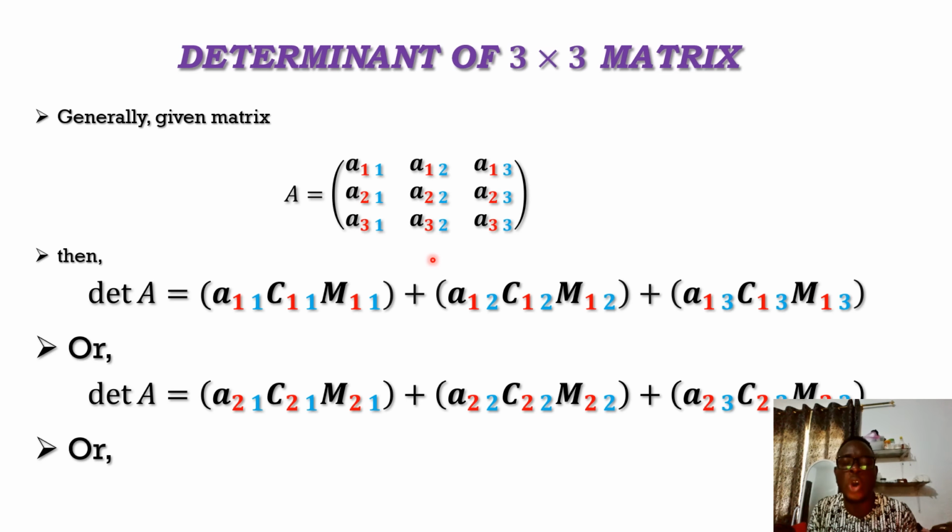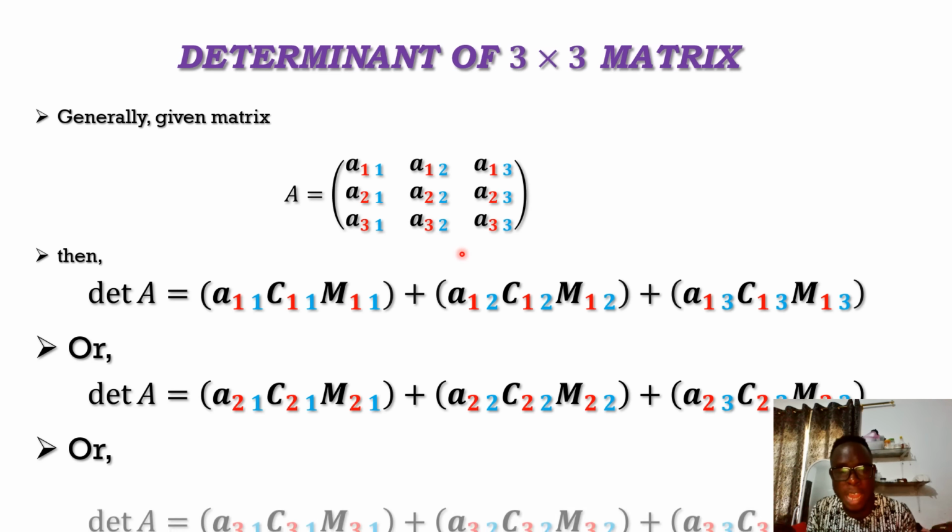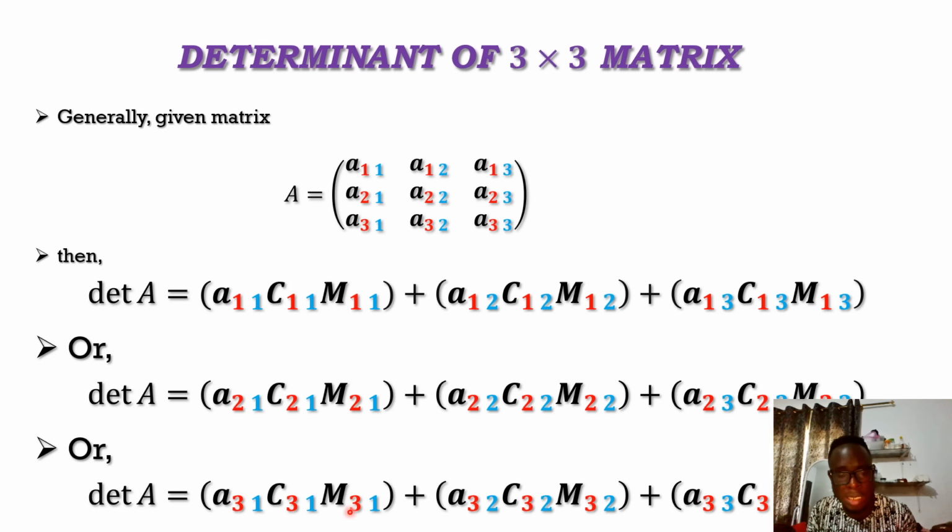Or you can also use the third row to find your determinant: element A31, its cofactor, its minor, A32, its cofactor, its minor. Multiply all the results together and that will give us the determinant of the matrix A.